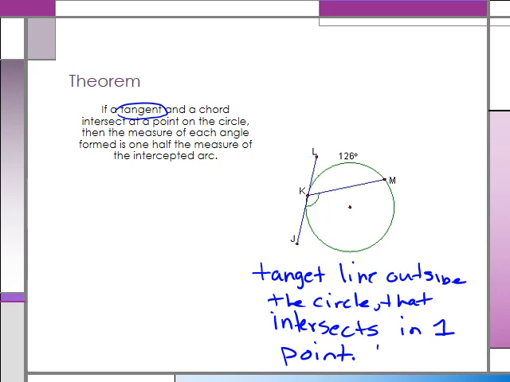Or I say it just kisses it, because it hits it and walks away. All right, so K is what we call our point of tangency.